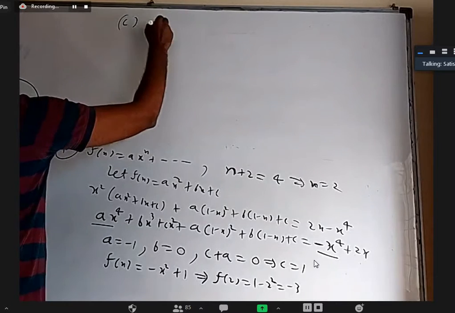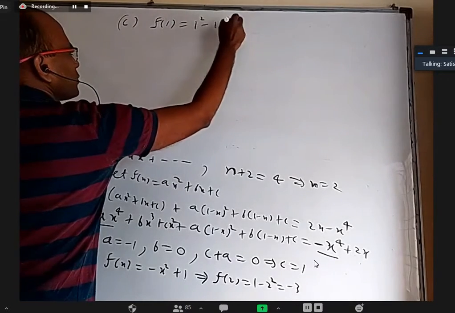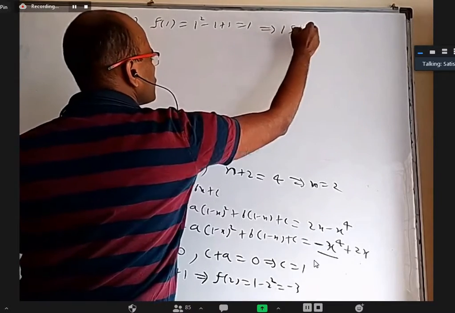Okay, see, a bit very simple. F of 1 is 1 square minus 1 plus 1, which is 1. So mod f of 1 is also 1 now.